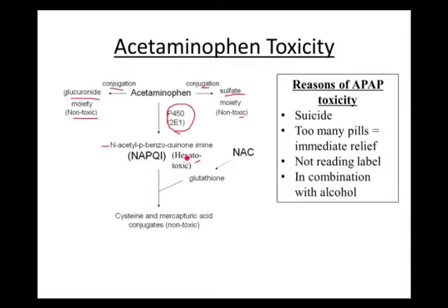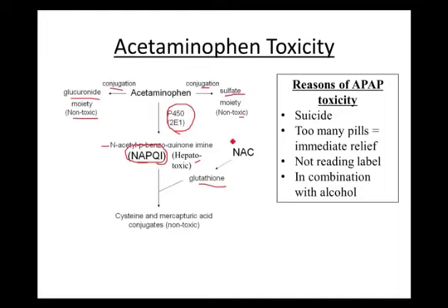It becomes hepatotoxic when glutathione reserves have been reduced, because glutathione can detoxify this NAPQI compound into cysteine conjugates. When glutathione reserves are depleted for different reasons, pathology, variability within the patient's genetics, these NAPQI products can accumulate and cause extensive hepatic damage.